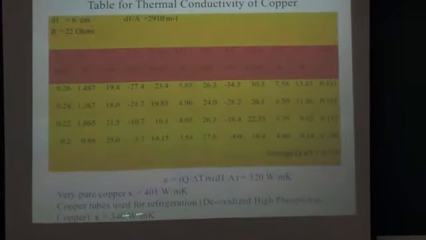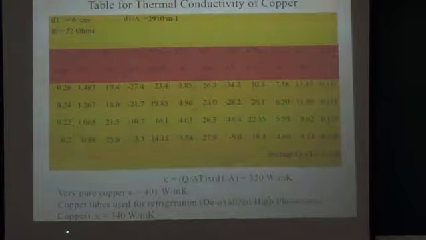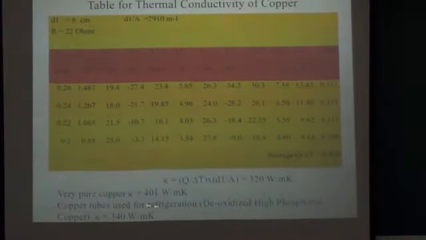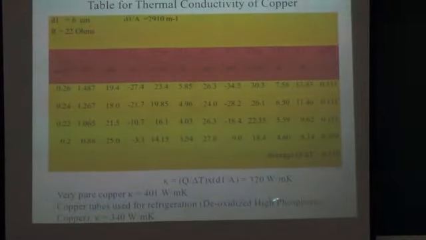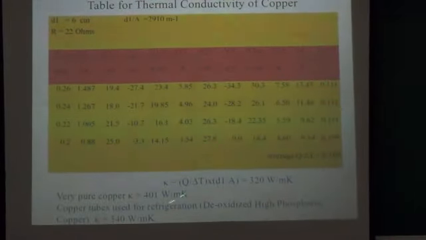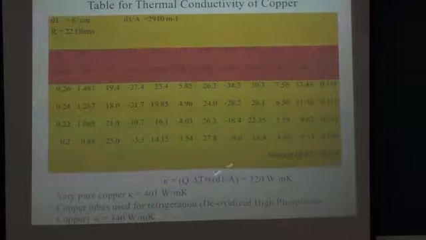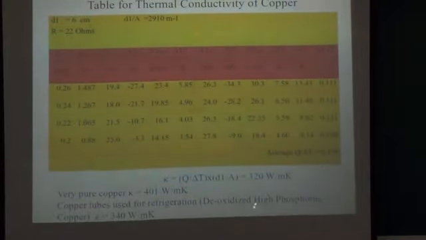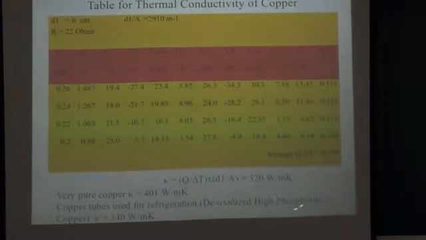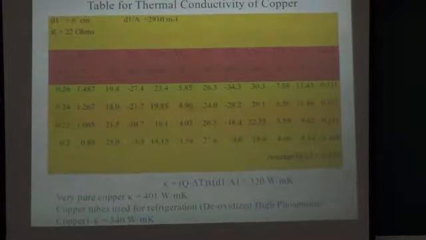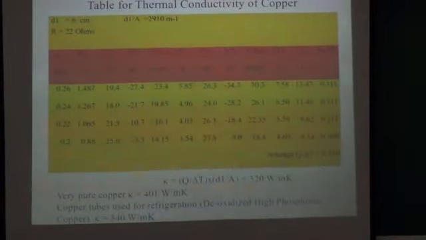For very pure copper, it is 401 watt per meter kelvin. But for copper tubes used for refrigeration, in the beginning I mentioned DHP, deoxidized high phosphorus copper, the value is reported as 340. Since we have not used pure copper, we are getting a value close to this. Every time we repeat the experiment, we get a value somewhere between 310 to 330. So this is 320 for this particular measurement. So that is how we measure the thermal conductivity.